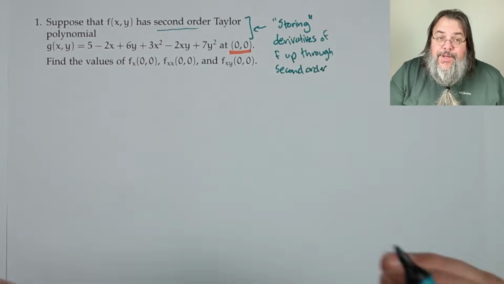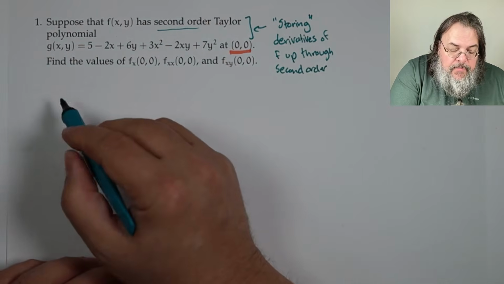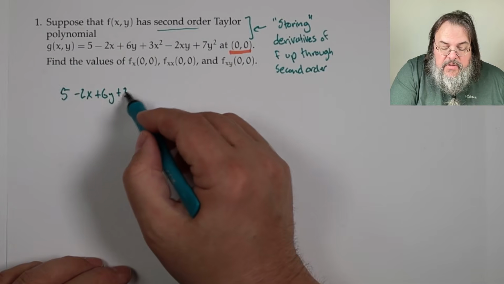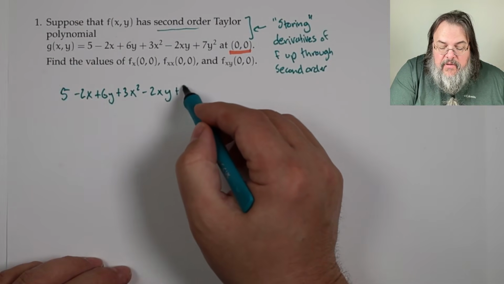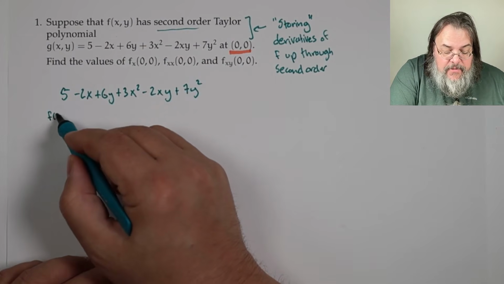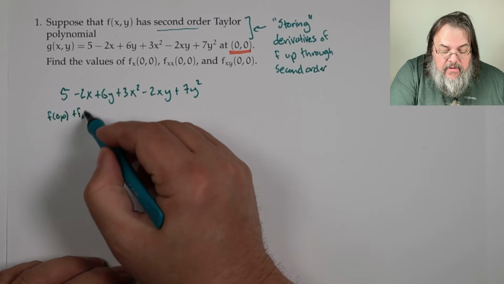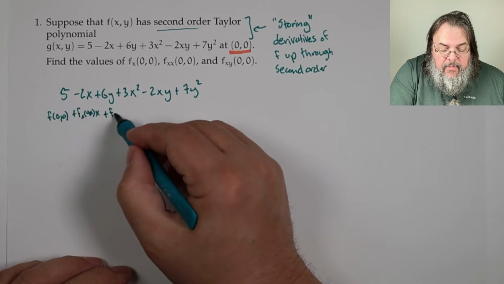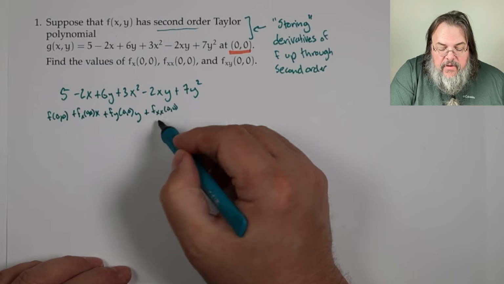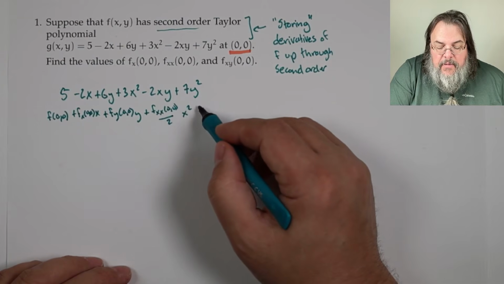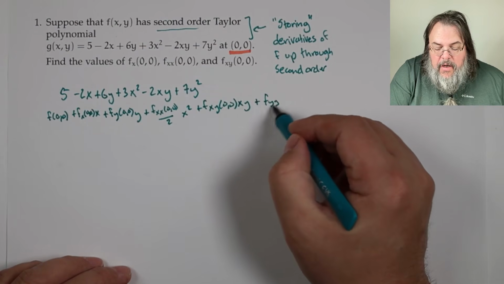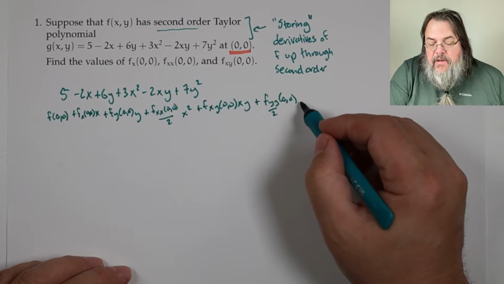So here's method 1. We can say, look, this 5 minus 2x plus 6y plus 3x squared minus 2xy plus 7y squared is the same as f of 0, 0 plus f sub x 0, 0 x plus f y 0, 0 y plus f x x 0, 0 over 2 x squared plus f x y 0, 0 x y plus f y y 0, 0 over 2, I should have said, y squared.